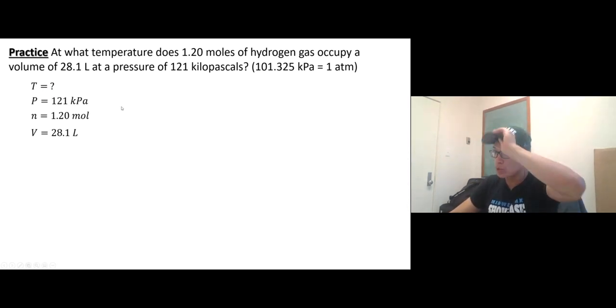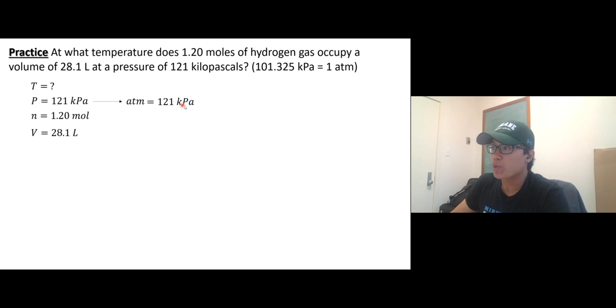But one thing you have to do: in the combined gas law, the pressure and volume units could be anything because they cancel out. But in the ideal gas law, we have to follow the unit of the R constant. The pressure unit of R is atm. You have to convert this to atm, otherwise it won't cancel out. If you don't know what I'm saying, I'm going to show you a little bit. But first, convert this to atm real quick.